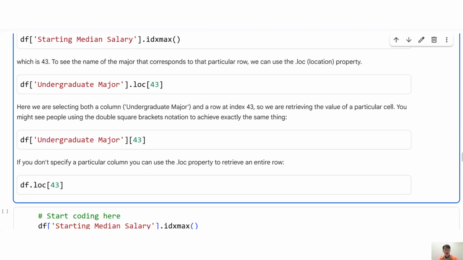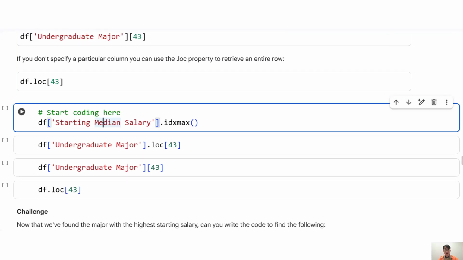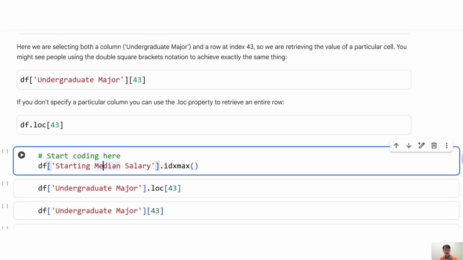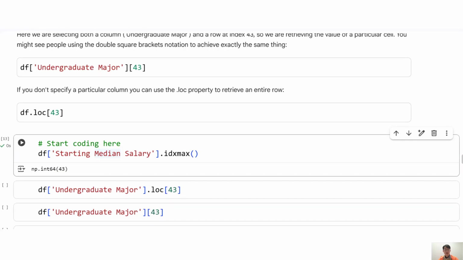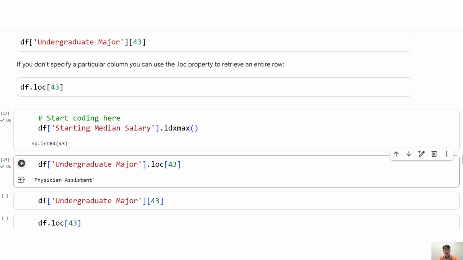So let's try it out. Okay, so here, if I put max, it just gives you the greatest number, but if I put idxmax, it will give you the exact position of this number. It's 43. So I need to put 43 here in loc, and it will extract the value at 43.